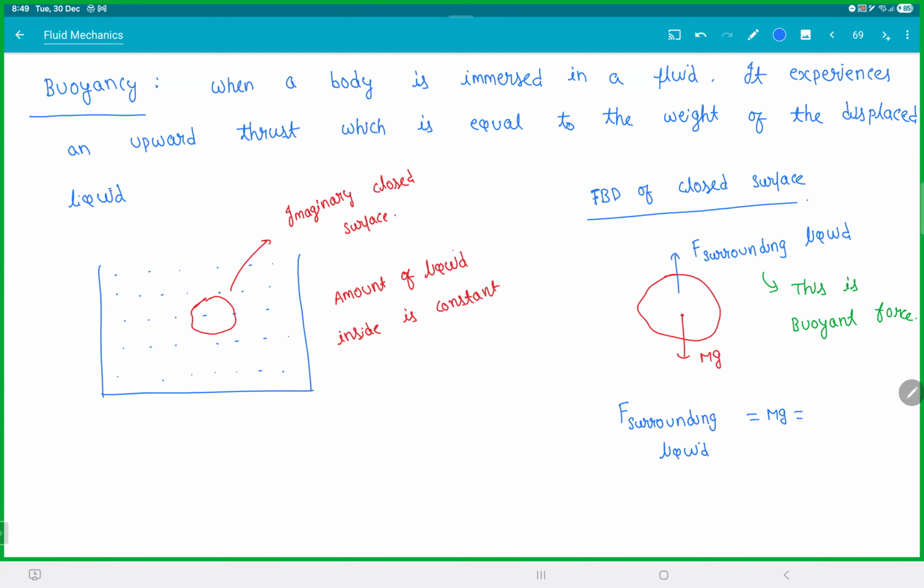Mass is nothing but density of the liquid times volume of the liquid, so mg = rho_L V g. So this is what we call the buoyant force: density of the liquid times volume displaced by the object times g.